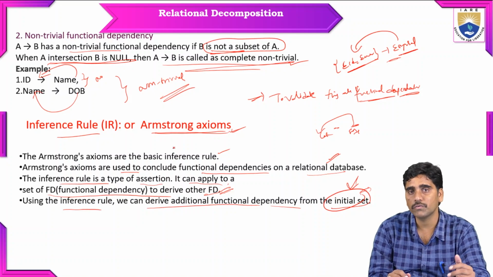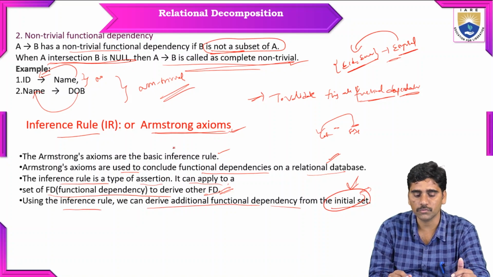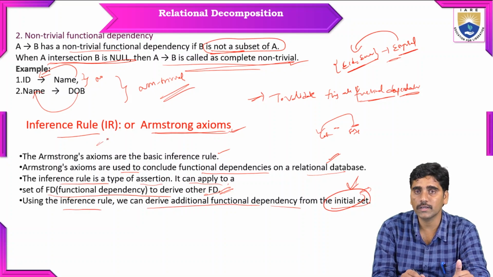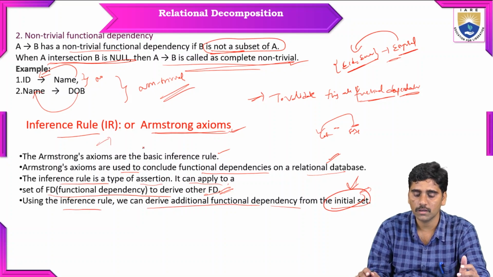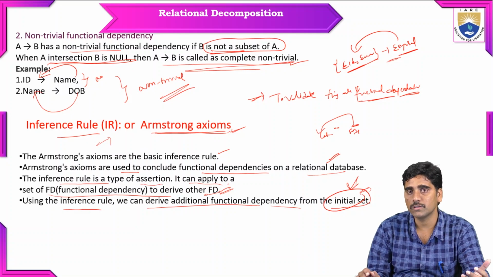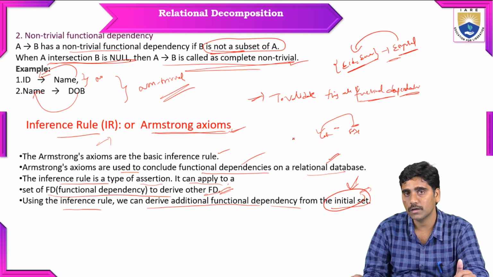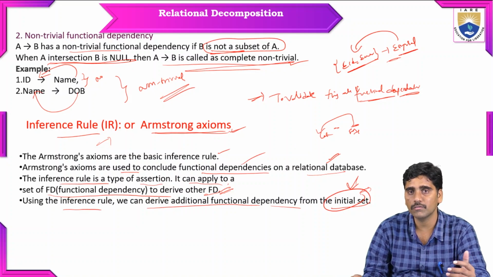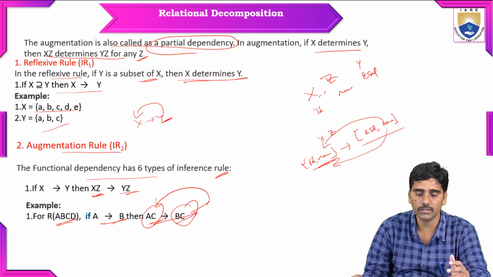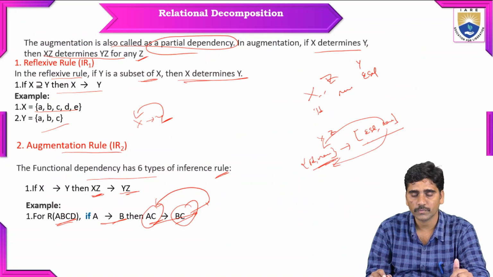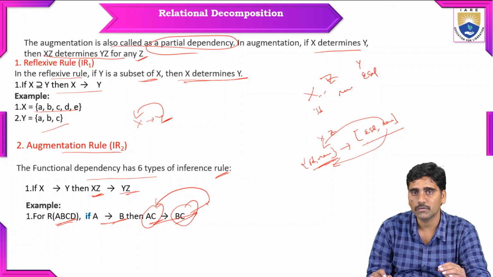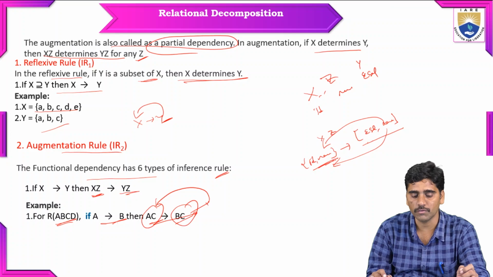To validate all these functional dependencies, we use some different types of rules. We call them inference rules. They are validating functional dependencies on a relational database. First is the reflexive rule: the right side values will be a subset of the left side values.